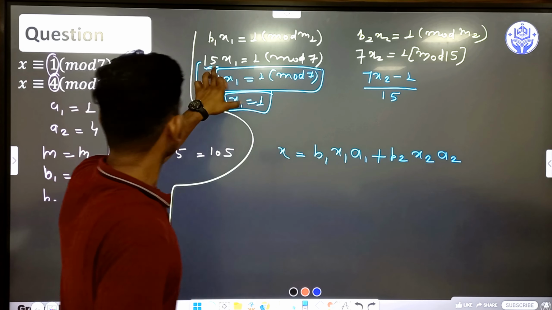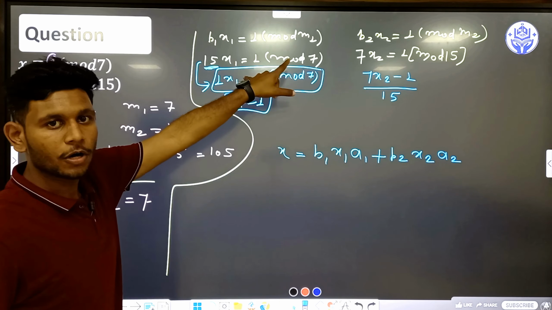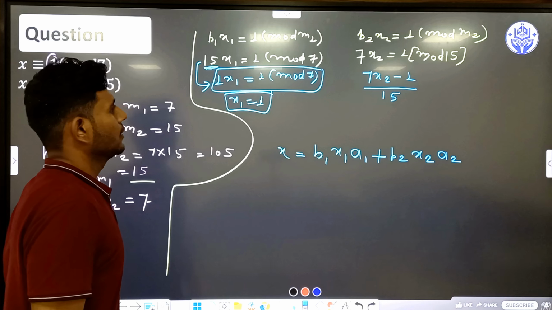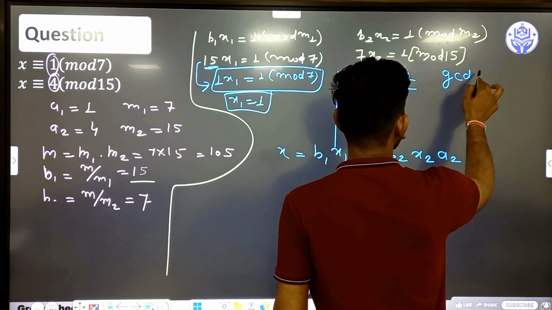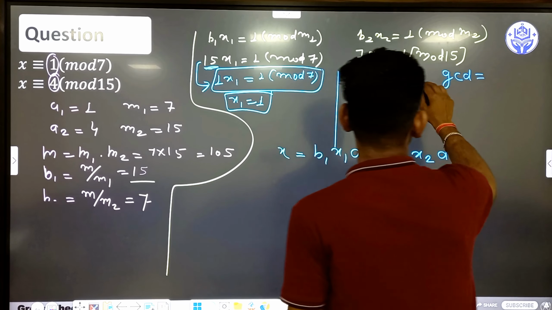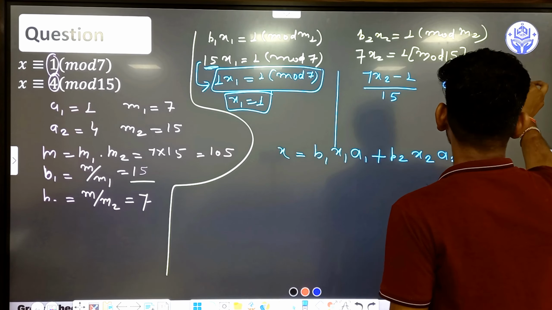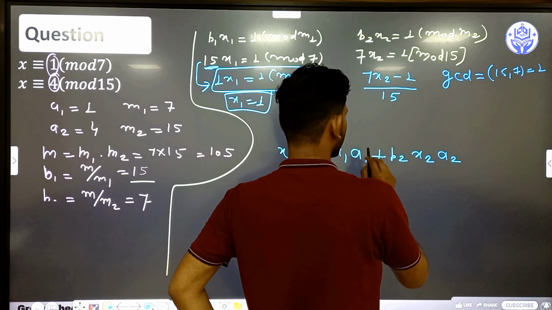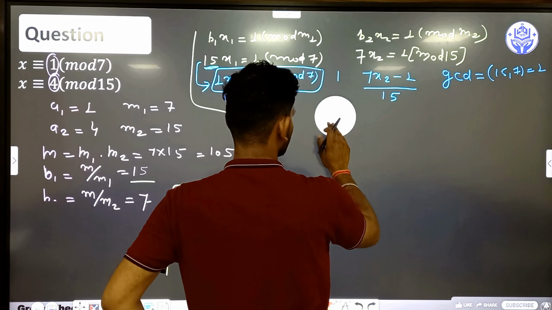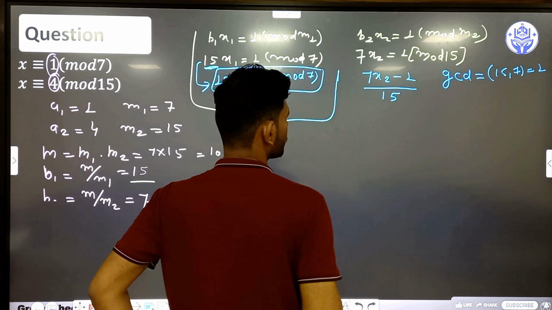Just find the mod of a and n. Next, what is the GCD here? Just take the GCD of 15 and 7, that is 1, because 7 is a prime number. Yes, GCD is 1. Now how can we find the integer? Our target is to find x2 here.